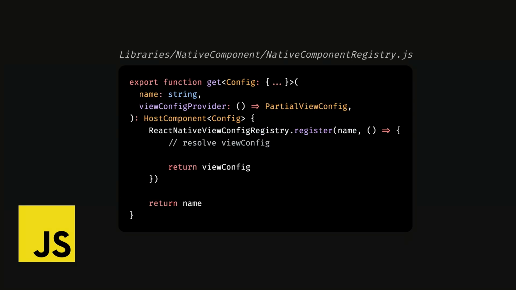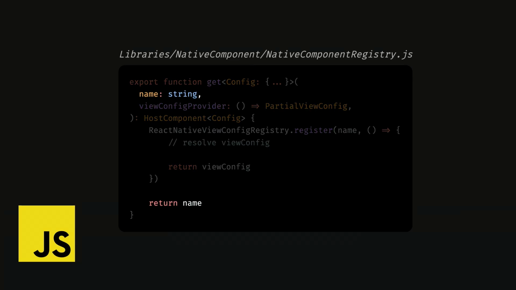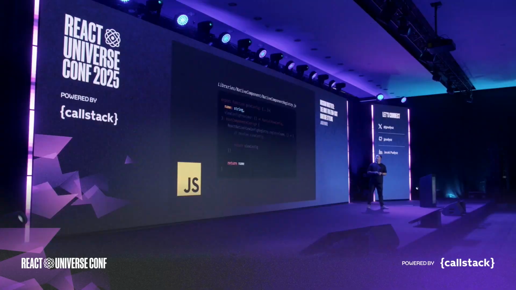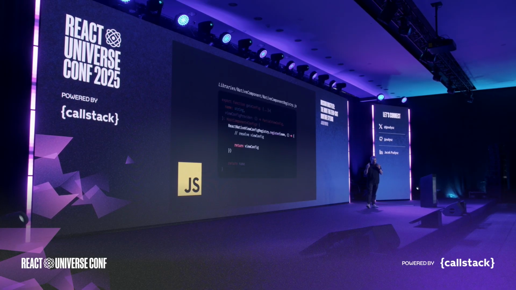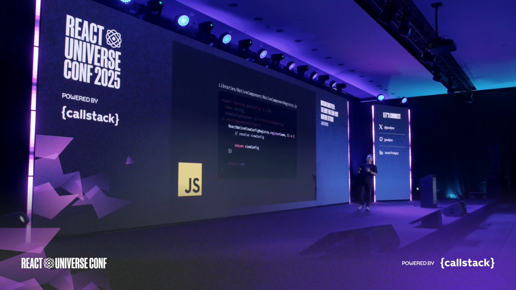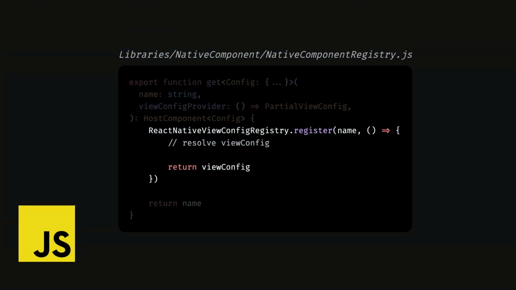Let's explore. Inside the registry, we have a cool pattern. Whatever is passed as the name of the component will be returned. So that's how React Native resolves React or native components. But again, we have another call for the React Native ViewConfig registry. What is it?